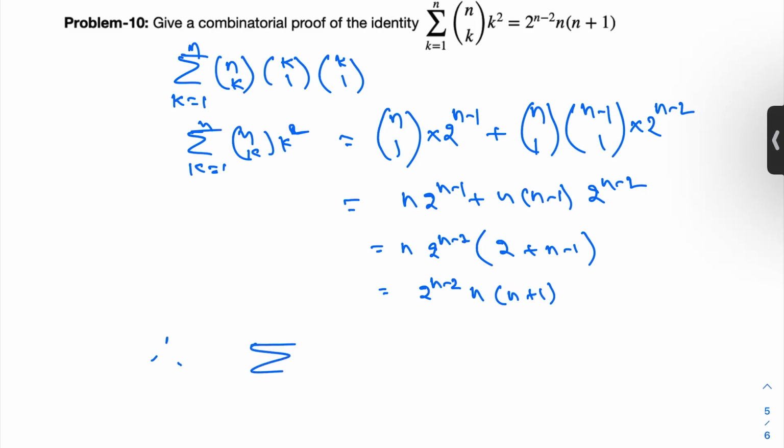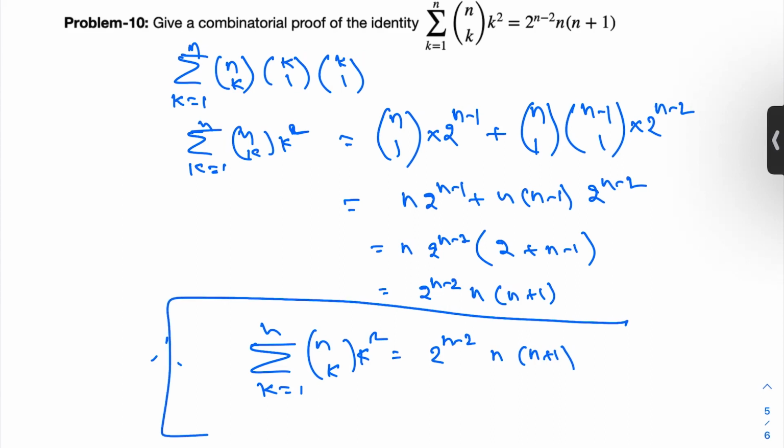Therefore, we have summation k equal to 1 to n of n choose k times k square equal to 2 to the power of n minus 2 times n plus 1. This is the combinatorial reasoning to prove this identity.